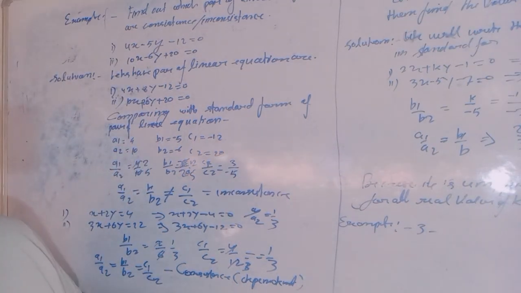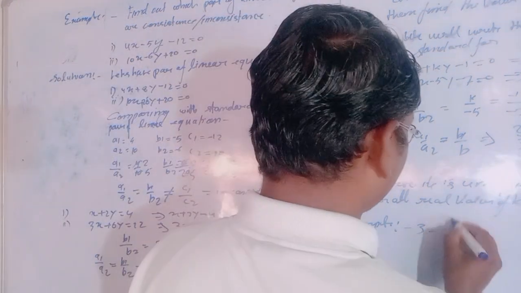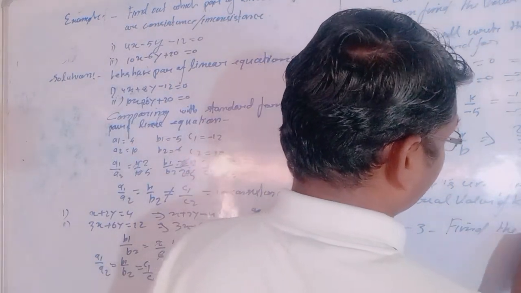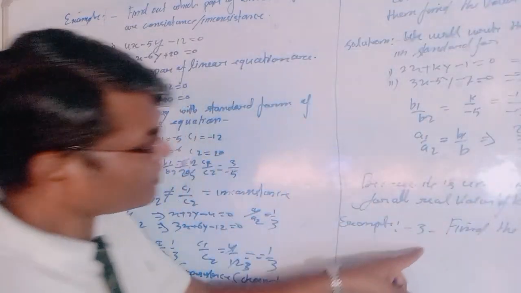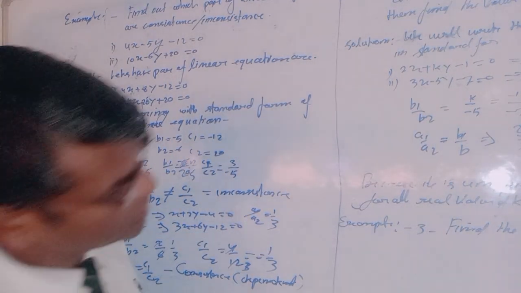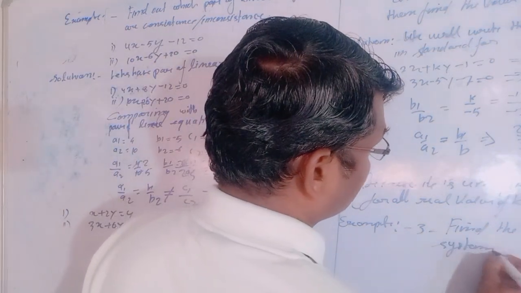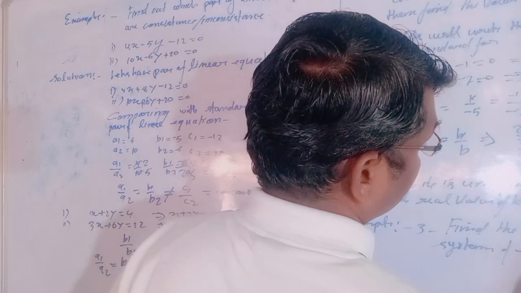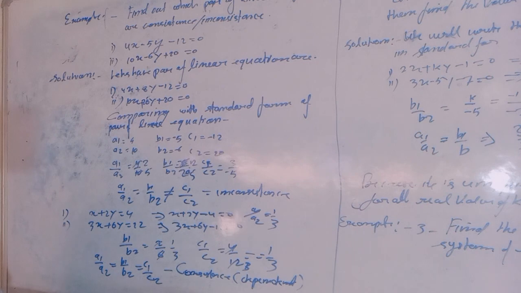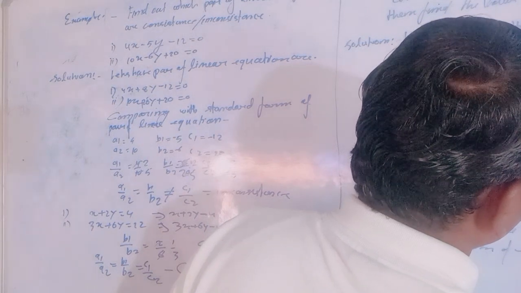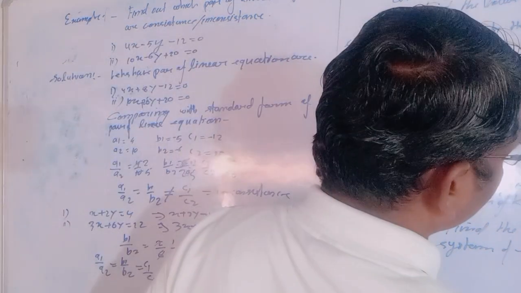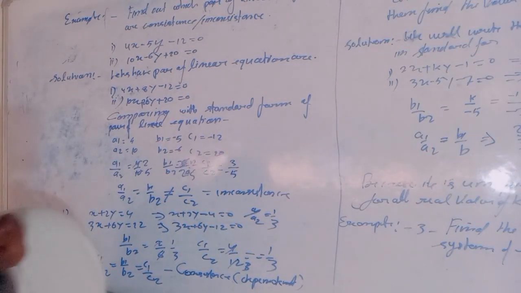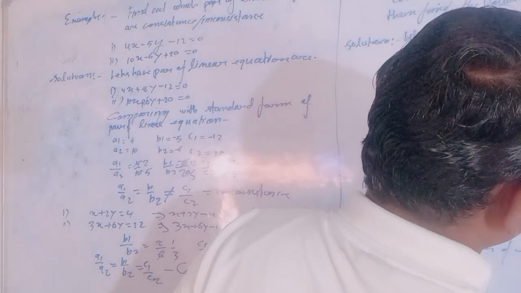The question is asking: find the value of k for which the system of equations kx minus 5y is equal to 2 and also 6x plus 2y is equal to 7 has no solutions.